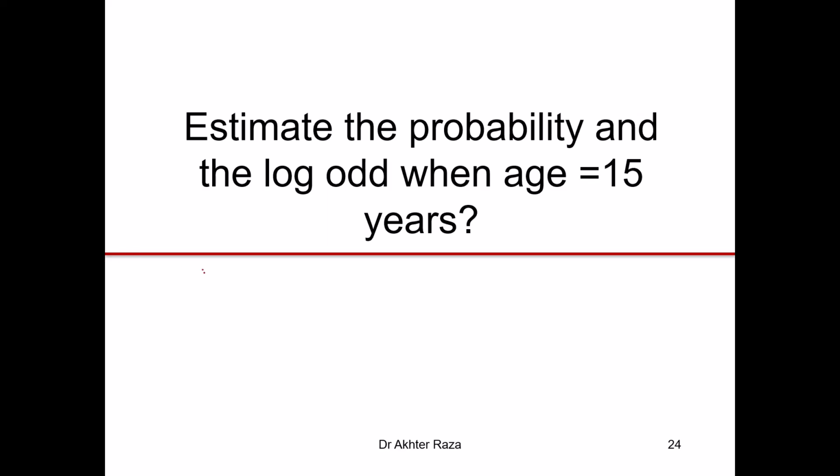One is the value of probability. By putting 15, you can predict. So your answer may be in the form of probability. Your answer will be in the form of the logit function, sorry, ln P upon Q. Your answer will be in the form of the odd P upon Q. So you have three versions of explaining your output: in the form of probability, in the form of logit, or in the form of the odd ratio.